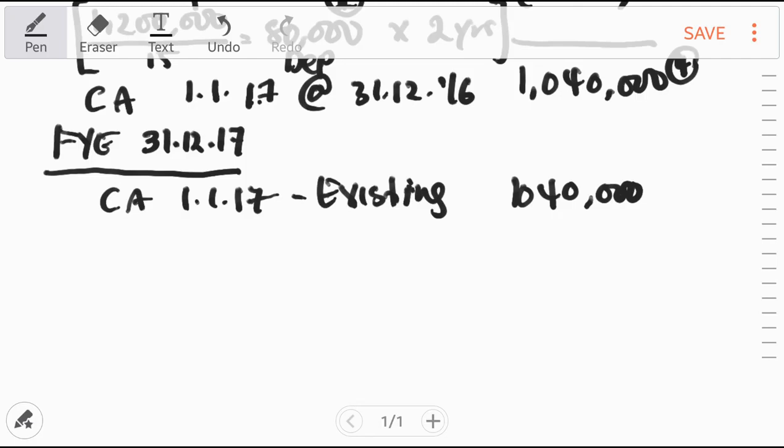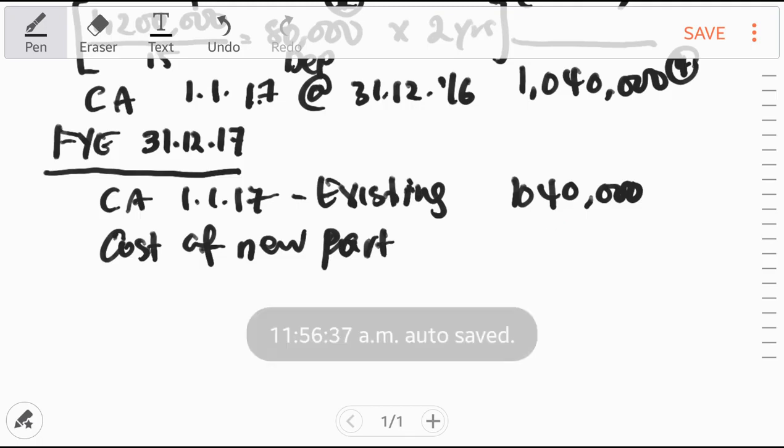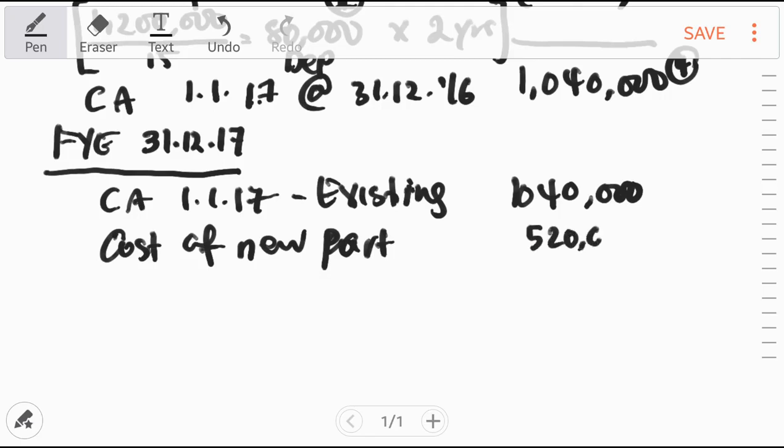Remember, we are replacing it with our new component. The cost of the new component, new part actually in this question, the cost of a new part is 520,000, and that took place on 1st of January 17.